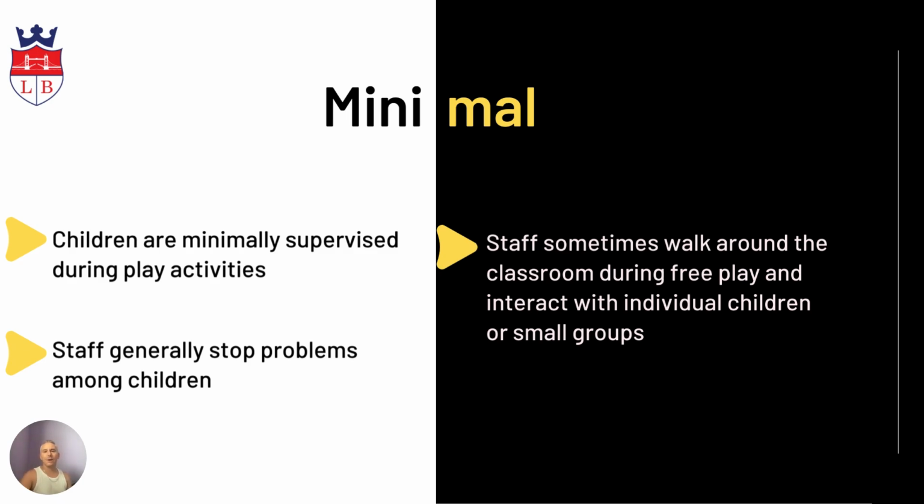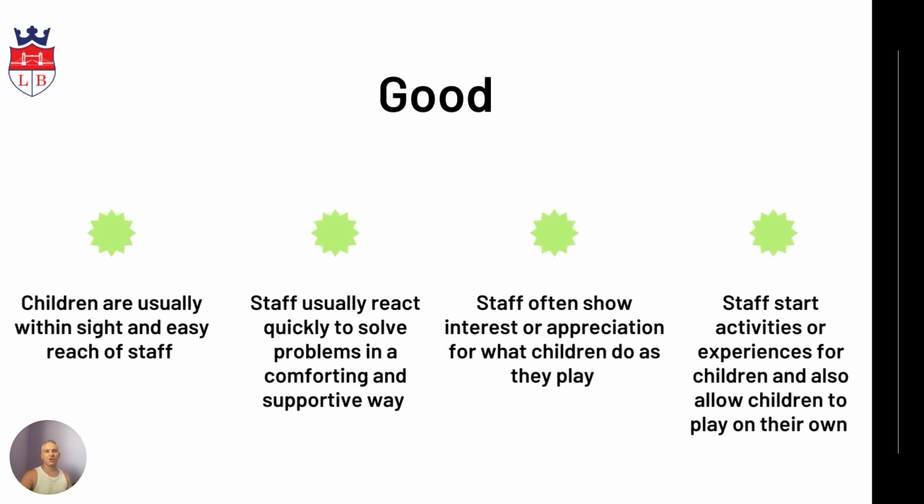So let's see, what is a good? Striving towards good. Children are usually within sight and easy reach of the staff. Staff usually react quickly to solve problems in a comforting and supportive way for children.